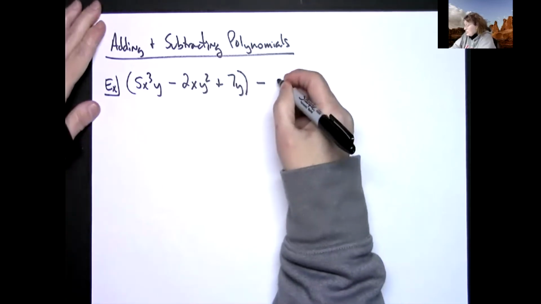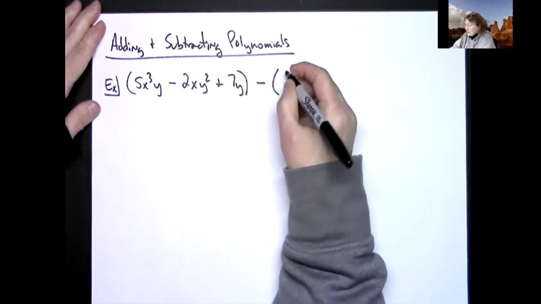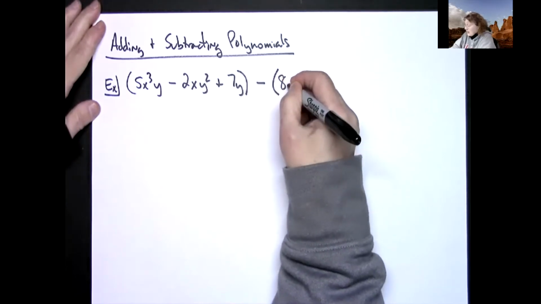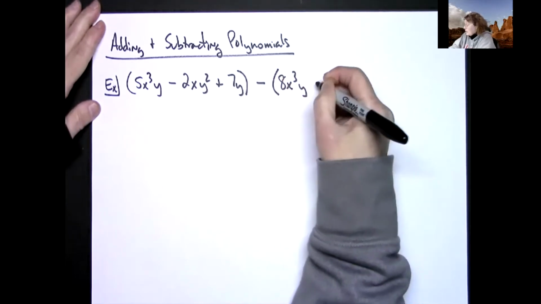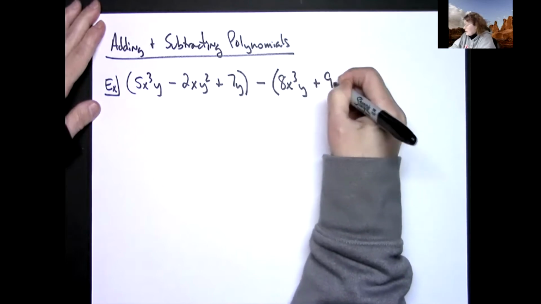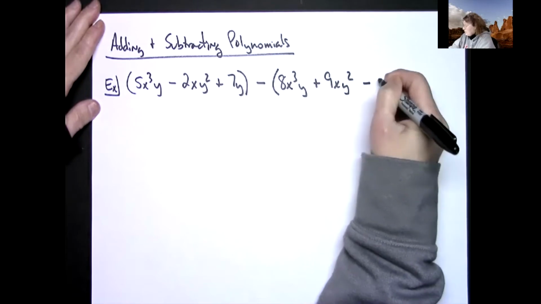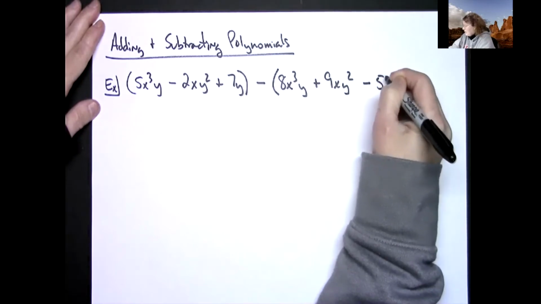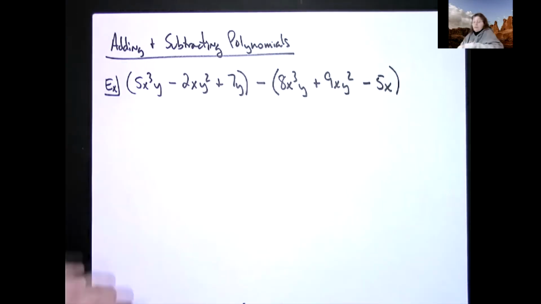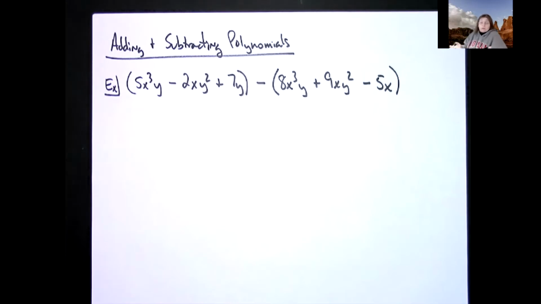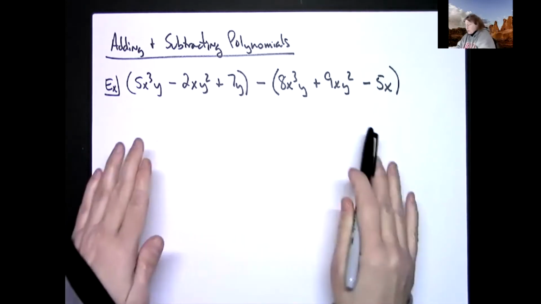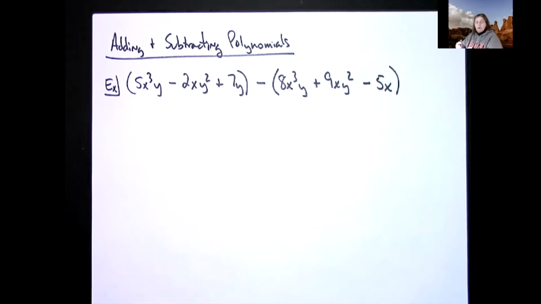Now let's suppose I'm subtracting the polynomial 8x to the third y plus 9xy squared, and then let's do a minus 5x, just to be different. So I need to go through and find like terms. For like terms with lots of variables like this, you have to have both the base and the exponents all matching.